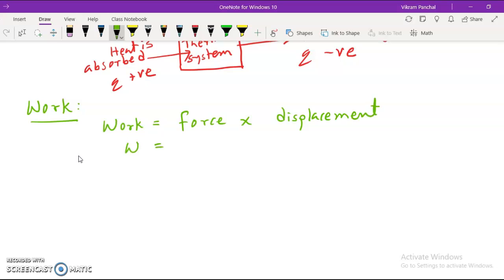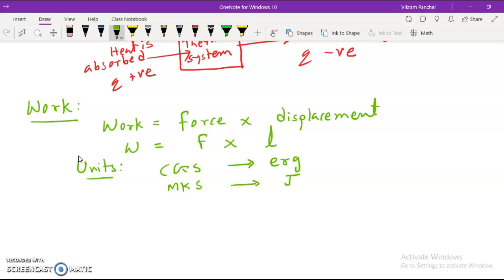So W is equal to force F into displacement L. The units of work in CGS we use erg, and in MKS we use unit joule.